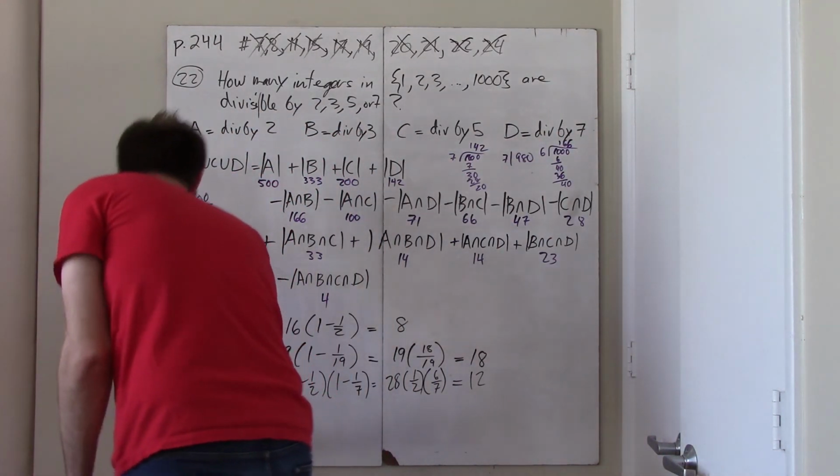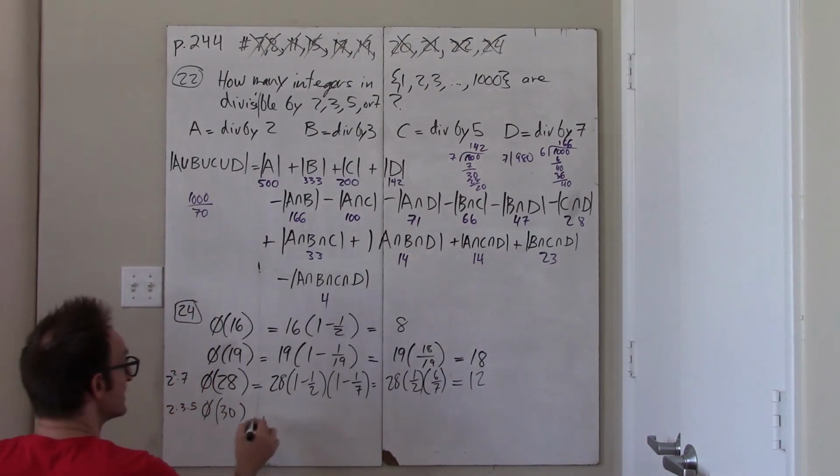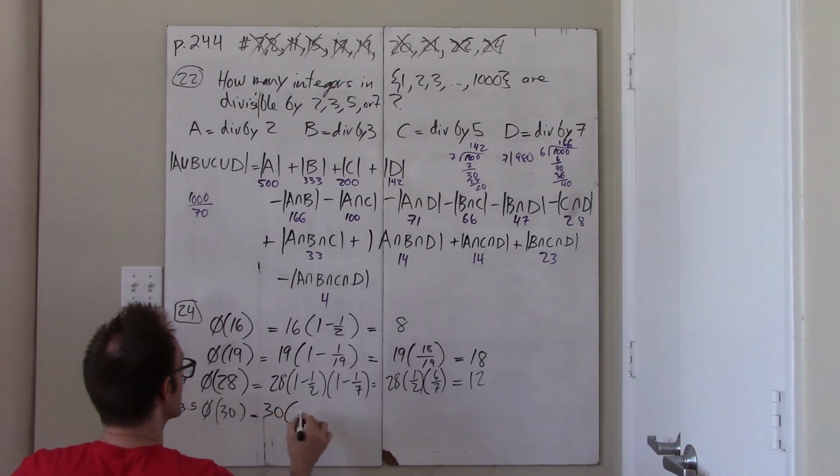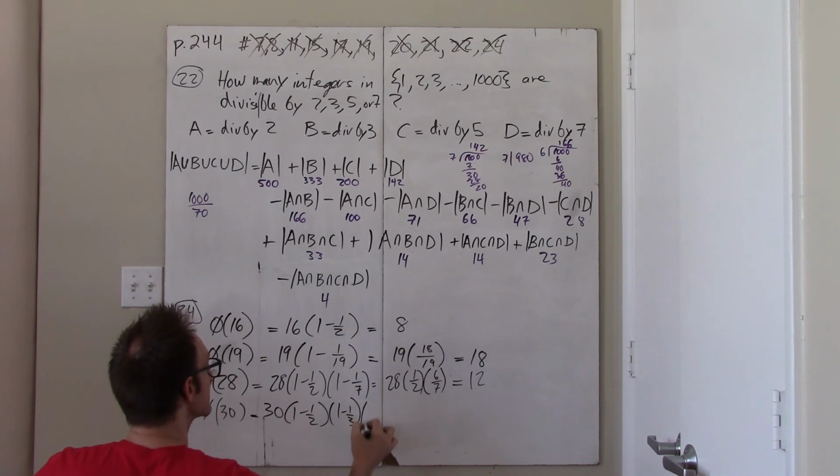30, which is just 5 times 6, so that's 2 times 3 times 5. According to the formula, that's going to be 30 times 1 minus a half times 1 minus a third times 1 minus a fifth.